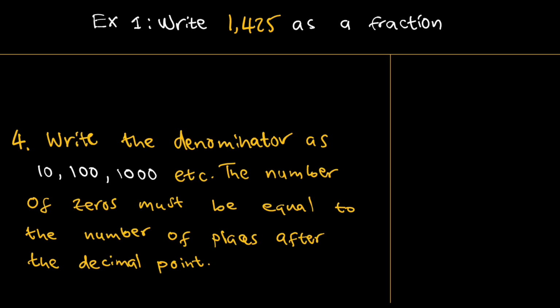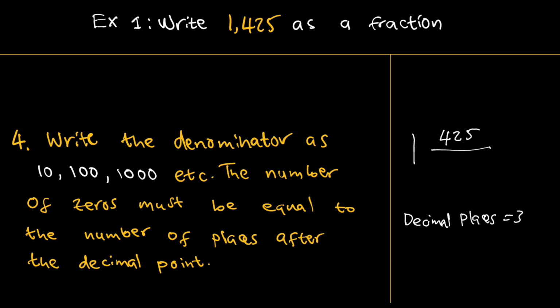Remember from the previous slide, what did we have? We know that we have 1 in front of the fraction. We have 425 as a numerator, right? And then how many decimal places do we have? The decimal places that we have is 3.